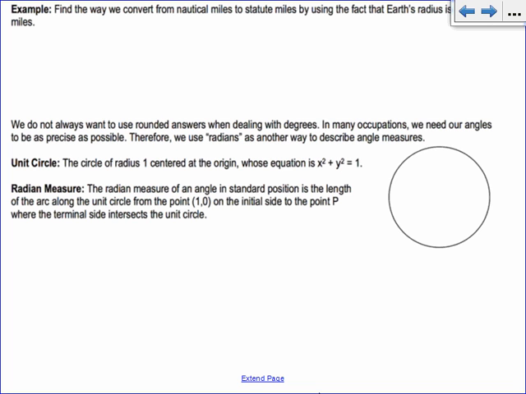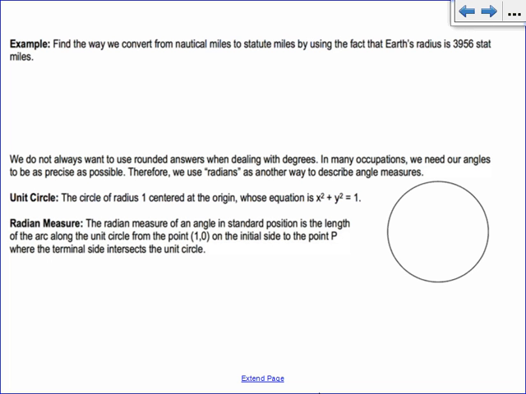It says find the way we convert from nautical miles to statute miles, which are just regular miles, by using the fact that Earth's radius is 3,956 statute miles. So we're going to find the circumference of the Earth.